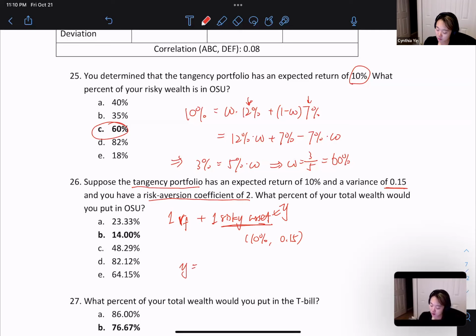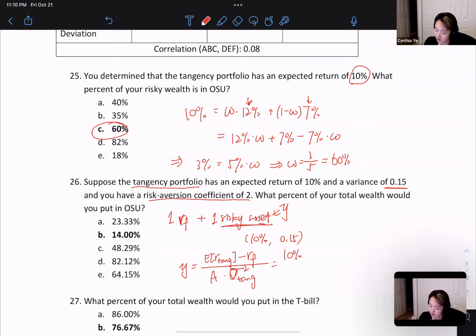y equals the expected return of the risky asset, here your tangent portfolio, minus the risk-free rate, divided by A, your risk aversion coefficient, times the variance of the tangency portfolio.